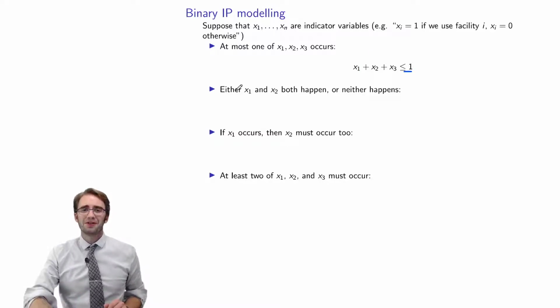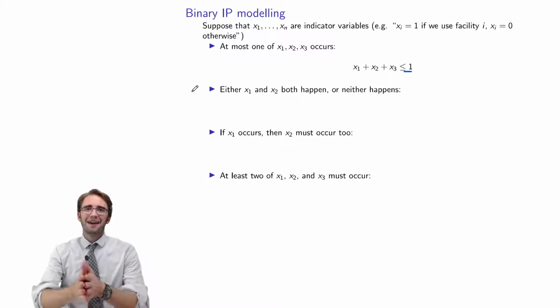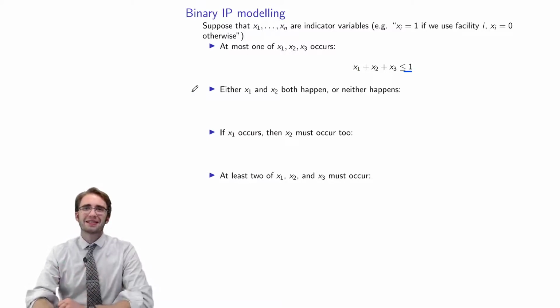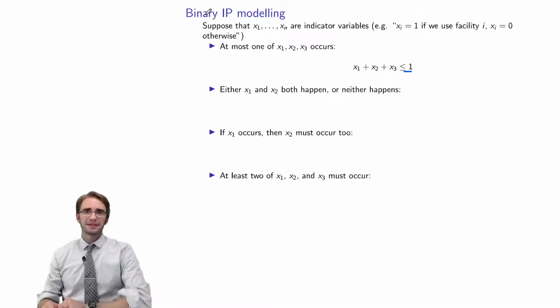Okay, number 2, the second bullet is kind of a funny one because it's actually very simple, but it's worded in a way that makes it sound more complicated. Either x1 and x2 both happen, or neither one happens. Okay. Good idea to pause this one and think about it for a minute. Either they both happen or neither one happens.